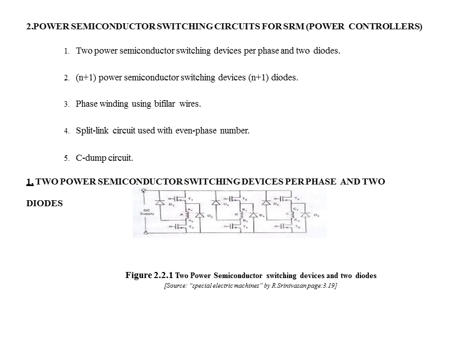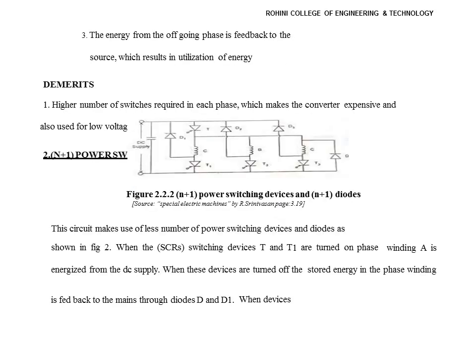Depending upon the rotor position, the phase winding A is energized and the devices T1 and T2 are turned on. When the winding is disconnected from the supply, T1 and T2 are turned off, and the energy stored in phase winding A maintains the current in the same direction. This current passes through D1 and D2 back to the supply. Similarly, the process is repeated for B and C.